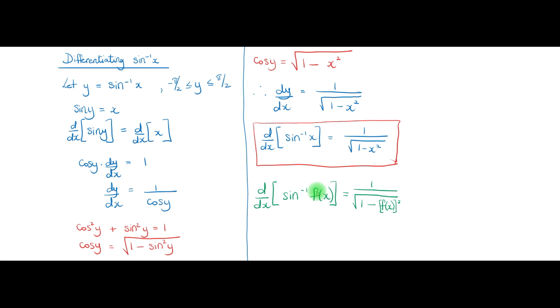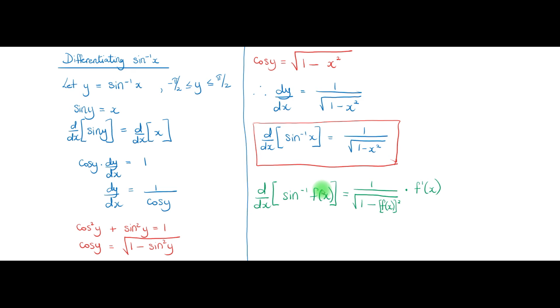We treat this like it were just an x initially, and differentiate it as if it were just an x. But then we have to remember to multiply by the derivative of f of x, which is f prime x.